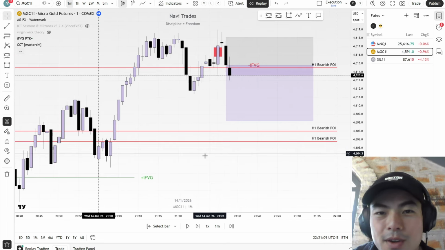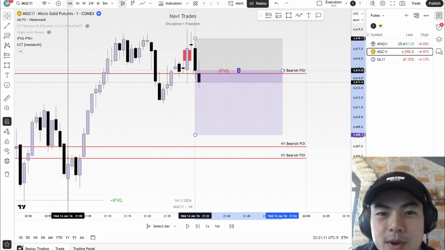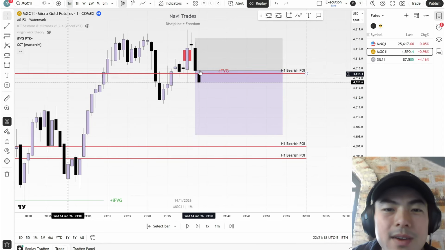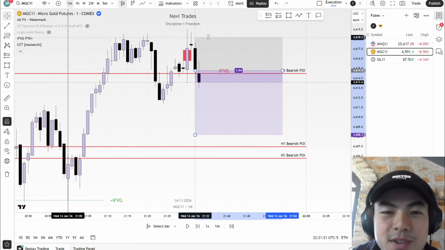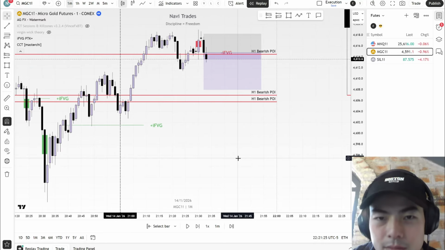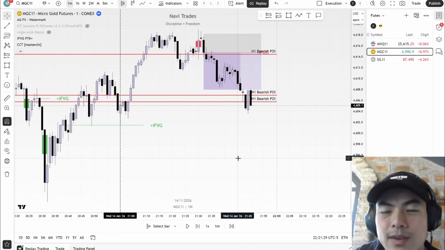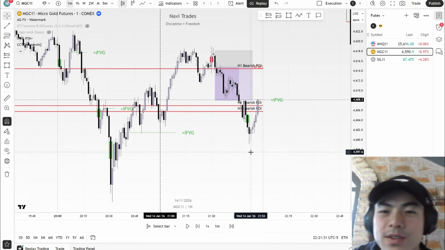Boom, that's when I got the alert. Set my order there. Since it took me a few seconds, I actually got filled somewhere up here. And then stop loss just above the entry candle, targeting 2R. Almost no drawdown on this one. Straight to TP. Super nice.